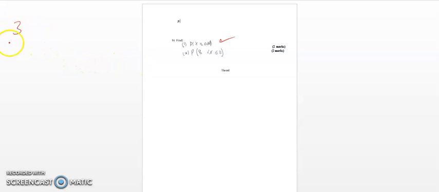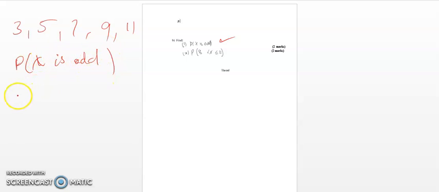According to our table, these are 3, 5, 7, 9, and 11. All these are odd numbers. So the probability that x is odd implies we take the probability when x is equal to 3, and the probability when x is equal to 5.